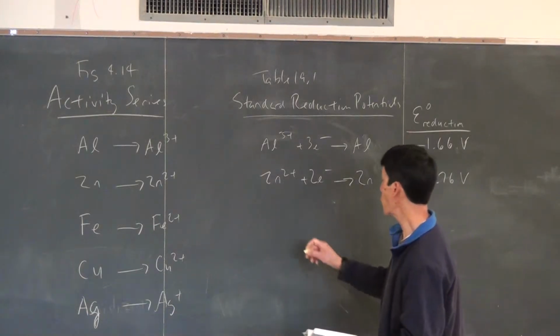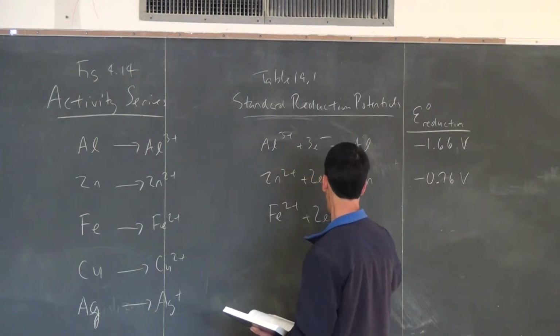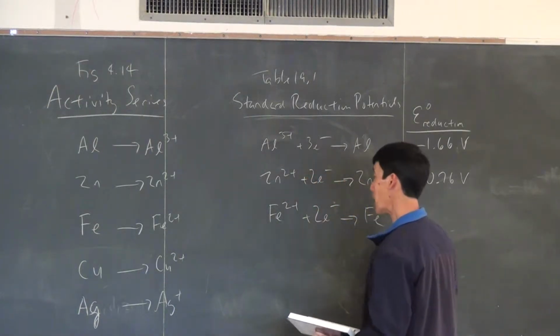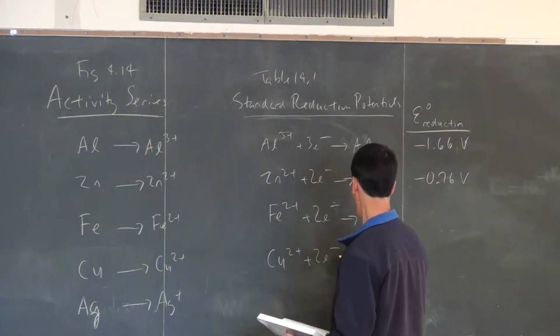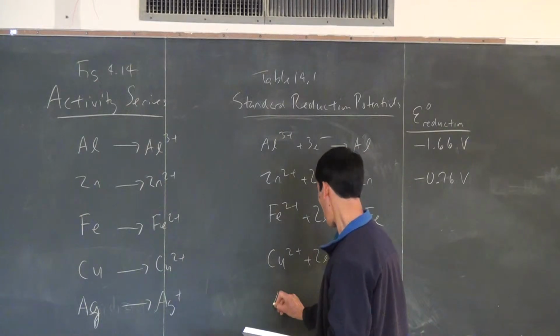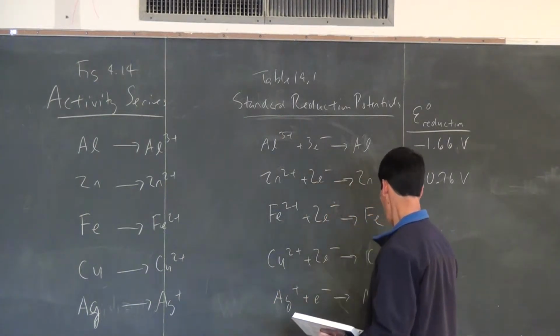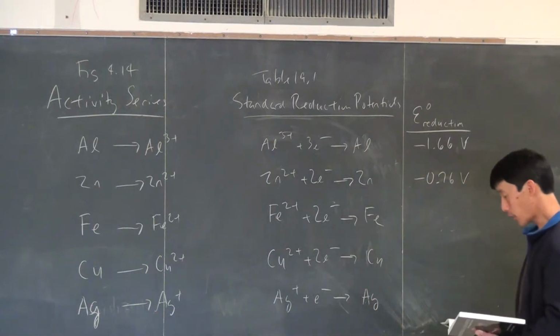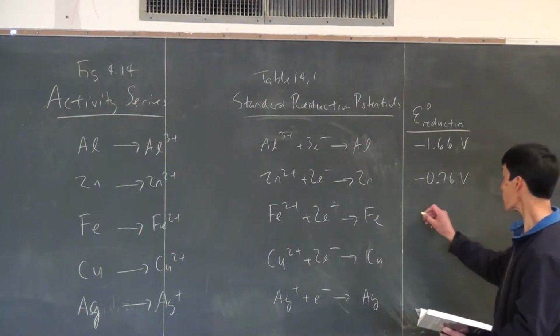And then for the iron 2+ going to iron, that's equal to, let's see, minus 0.44.